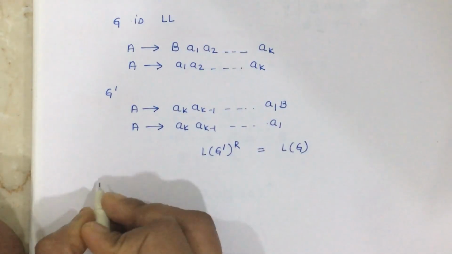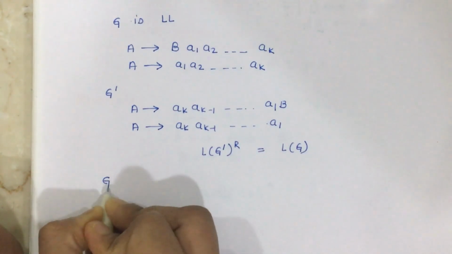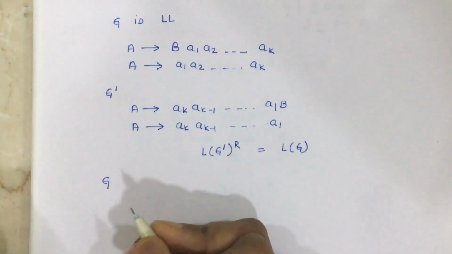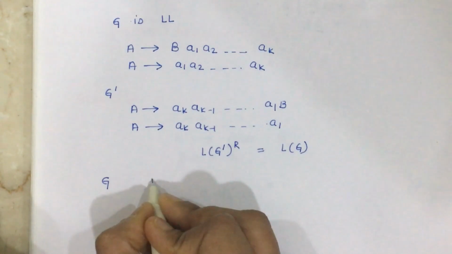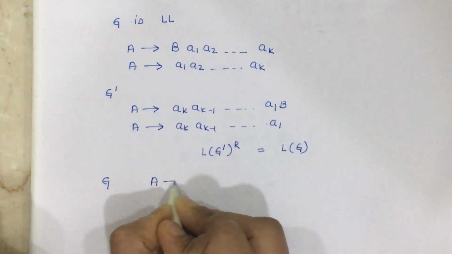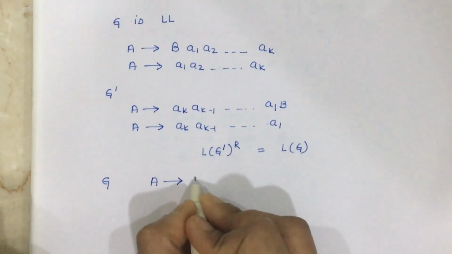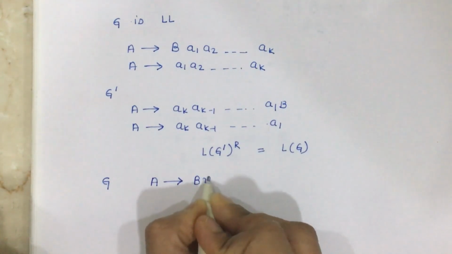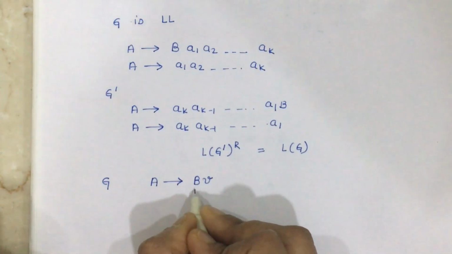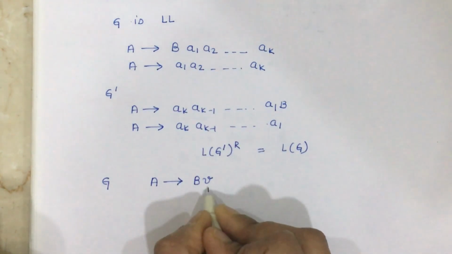So in general we can say, suppose a left linear grammar G, and in grammar G, the production can be written as A to B followed by u, where B is a non-terminal situated at the leftmost position, followed by a string of terminals u.